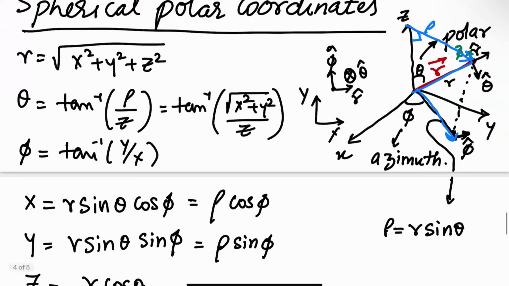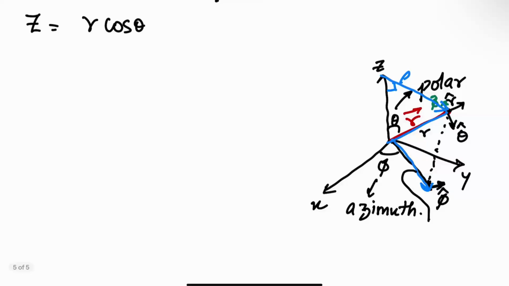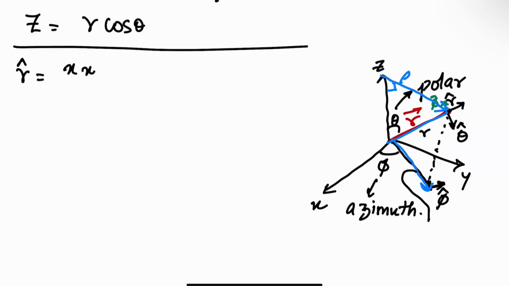That's about that. Let me quickly make a copy of this diagram down below so that we can continue with the unit vectors. So there it is. Now we want to define r hat, theta hat, and phi hat. So r hat is x x hat plus y y hat plus z z hat, the same idea as before: when y and z are 0, r hat points along x hat, when x and z are 0, it points along y hat, and when x and y are 0, it points along z hat, right?